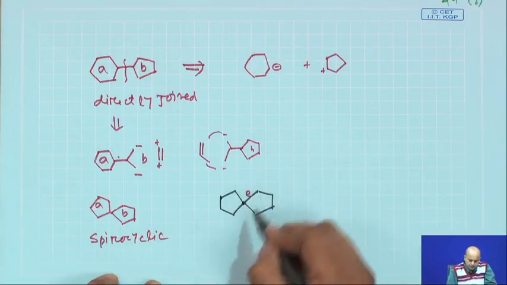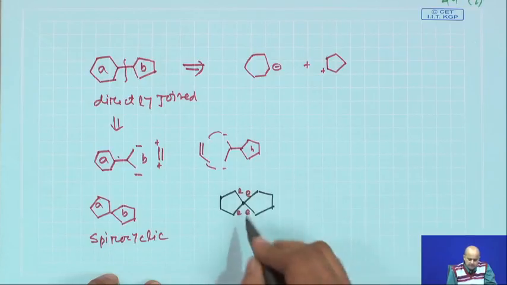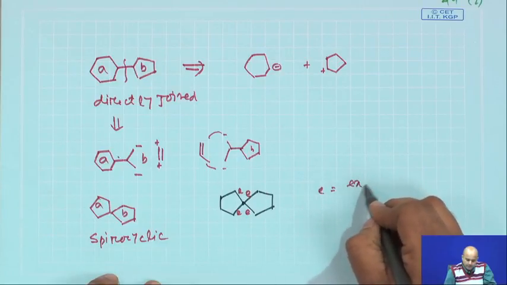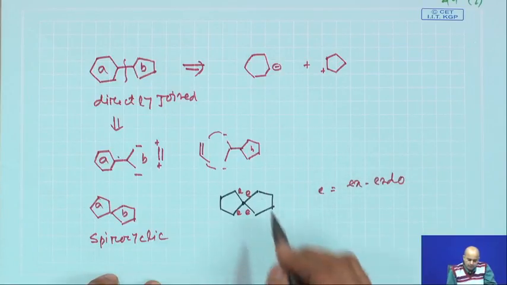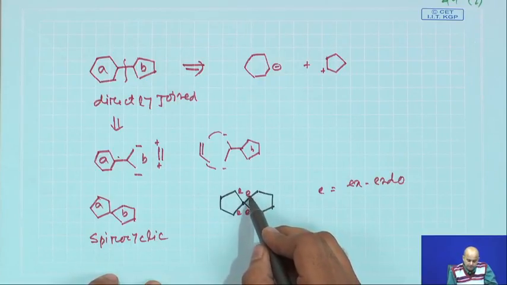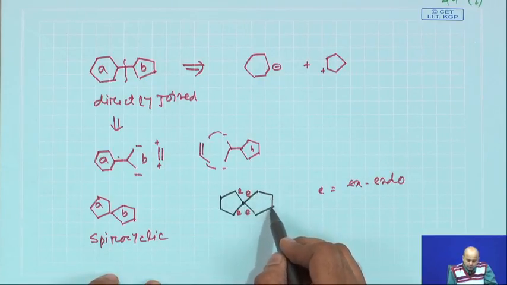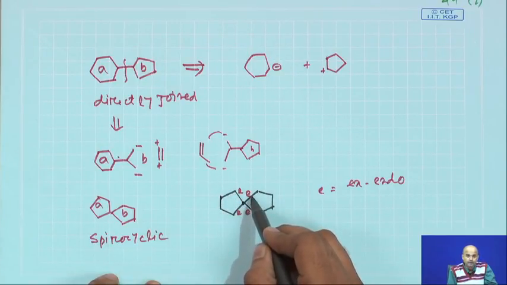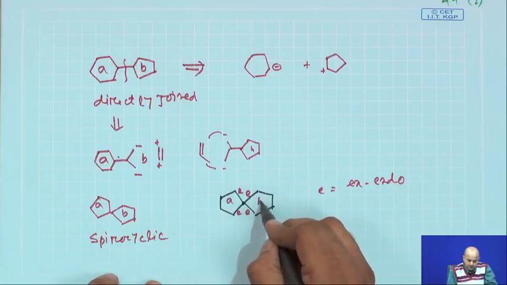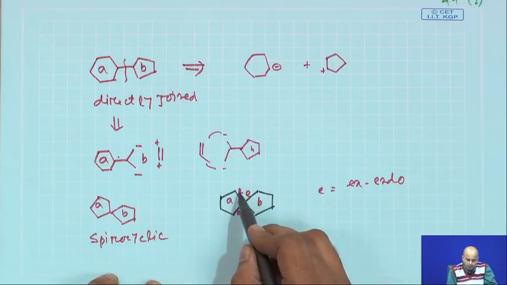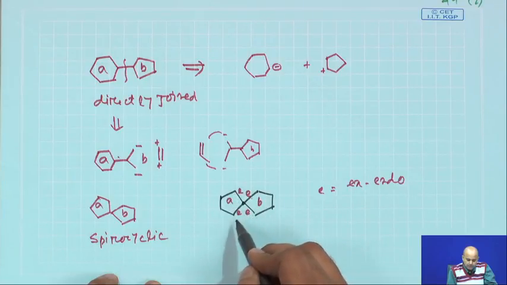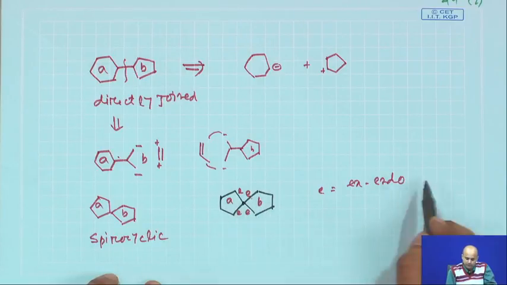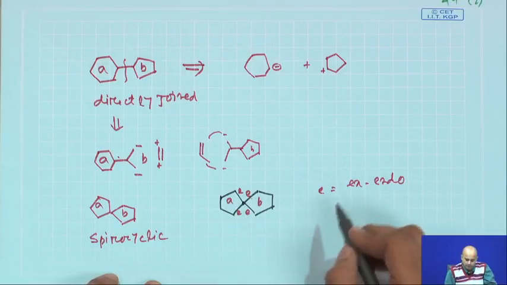This particular bond is named E. E stands for the terminology exendo. What is exendo? Exendo means that this E bond is endo to the right-hand side cyclopentane ring, but exo to the left-hand side cyclopentane ring. So this is ring A and ring B. There are 4 bonds, E1, E2, E3, E4. This E1 is endo to the B ring, but exo to the A ring. These bonds are named exendo bonds.